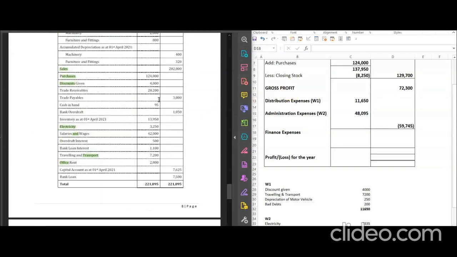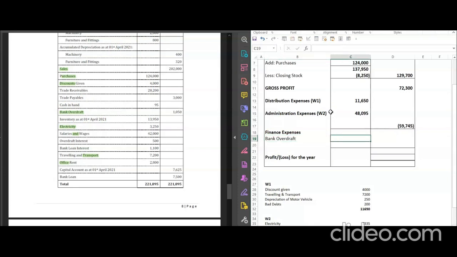So what you have to do directly is take the finance expenses available in this trial balance. Just go here, bank overdraft. This is a finance expense. How much is the bank overdraft?